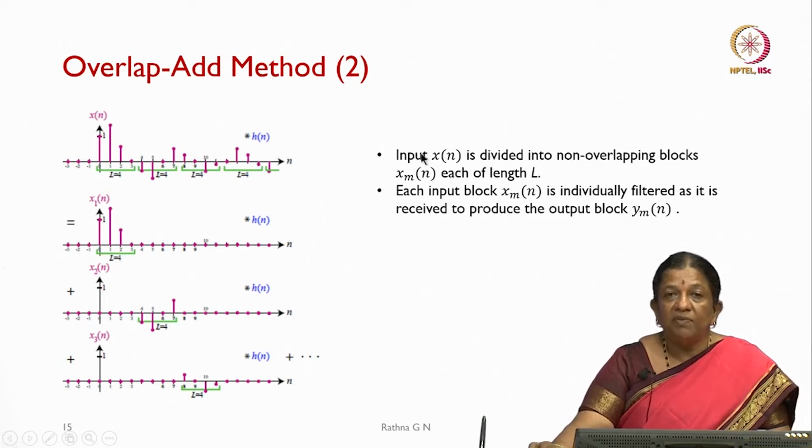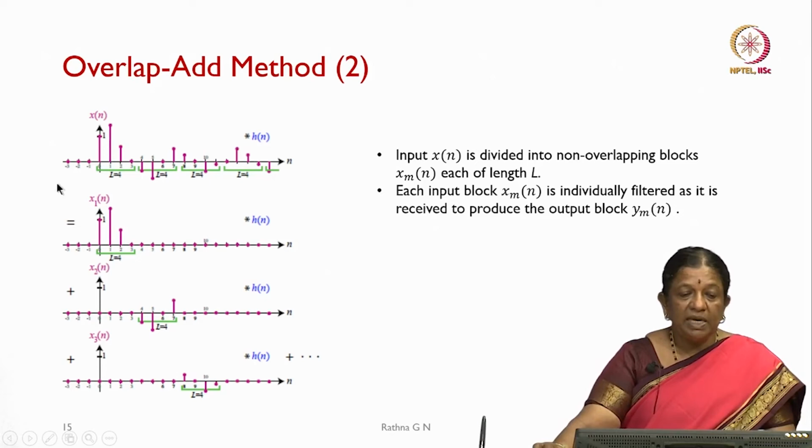The input x of n is divided into non overlapping blocks xm of n, each of length L, and then each input block xm of n is individually filtered as it is received to produce the output block ym of n.